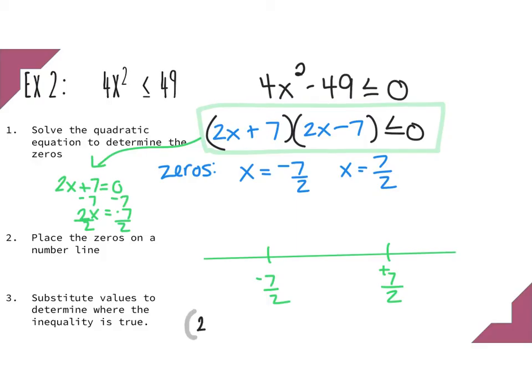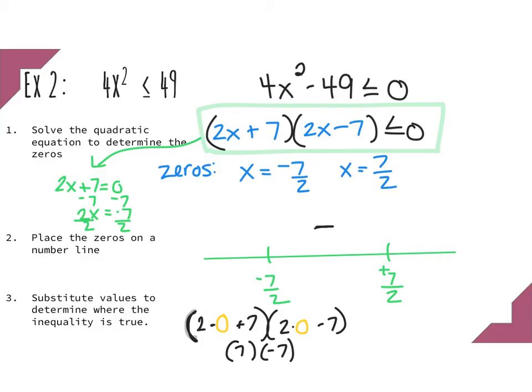So if I plug in 0 here, this would be 2 times 0 plus 7, and 2 times 0 minus 7. Okay, so 2 times 0 is 0, plus 7 is 7, and 2 times 0 minus 7 is -7. So a negative times a positive is a negative.